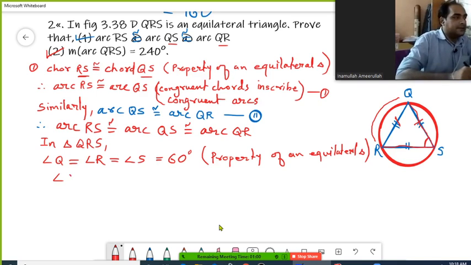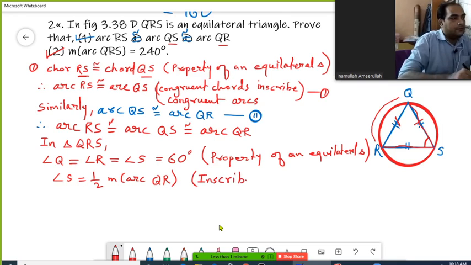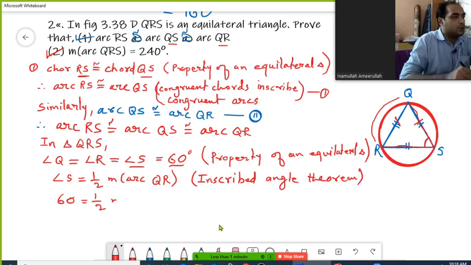So here we can say angle S is half of major arc QR because of the inscribed angle theorem. So this angle S is of 60 degree. We just proved angle S is of 60 degree. So here we can take 60 equals 1 by 2 into major arc.